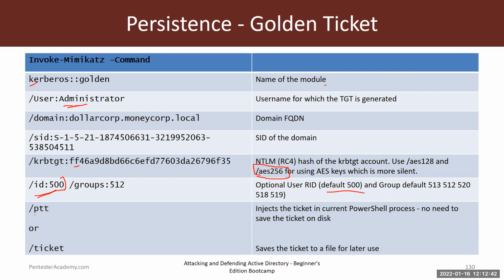Then comes the /ptt or /ticket. /ptt injects a ticket in the current PowerShell process. /ticket saves the ticket to a file for later use. I once again recommend this to avoid detections based on the time taken by the validation, or the validity of the TGT.